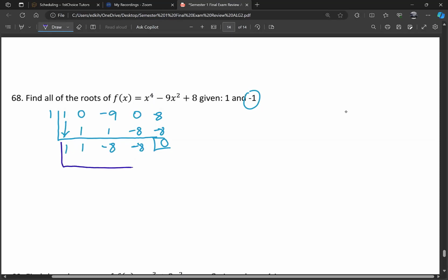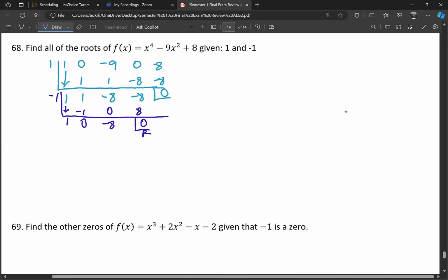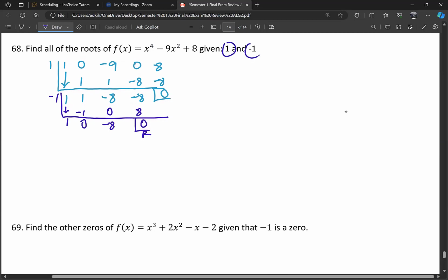So I'm going to just continue it here. Now we have a -1 on the outside. We're using the second one now. Okay, so drop the 1, multiply, add, and then multiply again, add, multiply again. Again, that's a remainder of 0, right? Good. So now we've spent the 1, we've spent the -1.